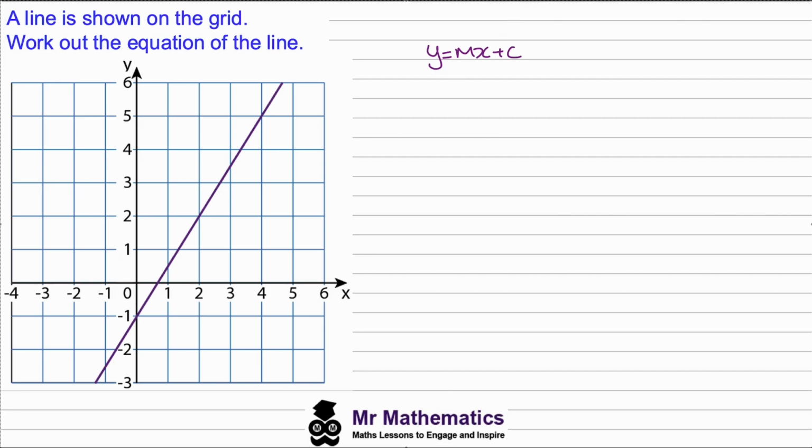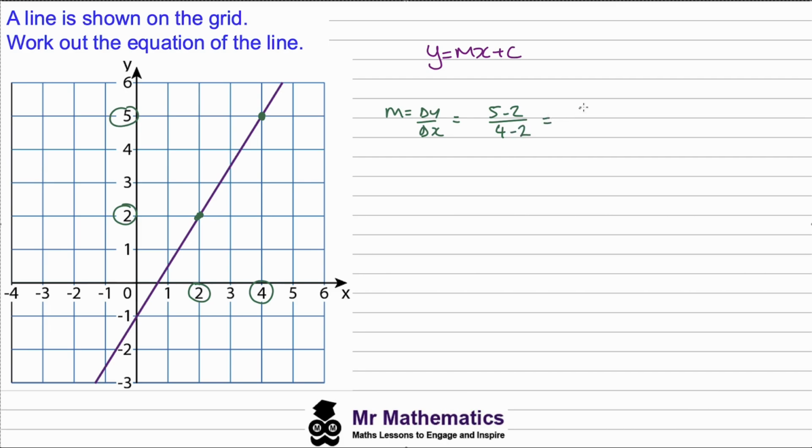Okay, so how did you get on with that? If we pick 2 points, we'll pick this point and this point. We'll find the gradient as the change in y divided by the change in x. The change in y will be the 5, take away the 2. The change in x will be the 4, take away the 2.